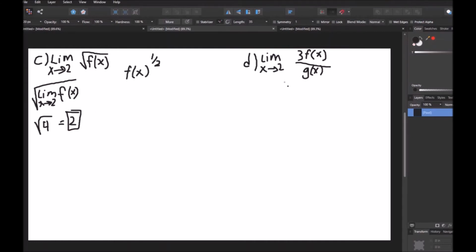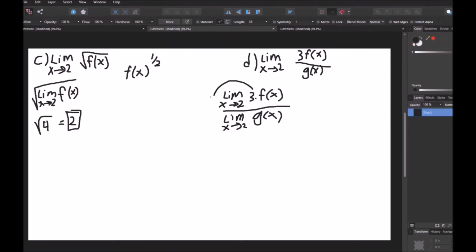And then in this one, we have the limit as x approaches 2 of 3 times f of x over g of x. So this one is going to be a little bit more intensive. We know from our quotient property that this is going to be the limit as x approaches 2 of 3 times f of x over the limit as x approaches 2 of g of x.